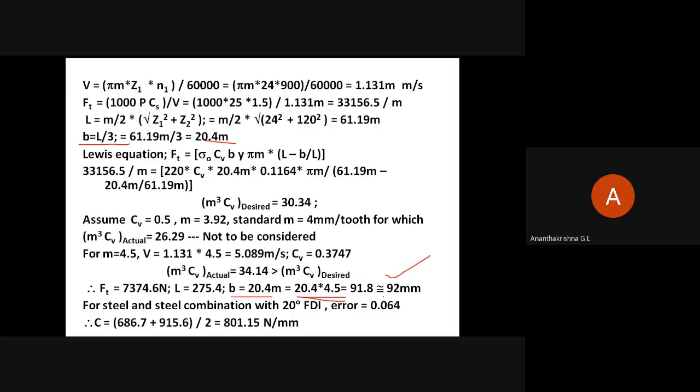That's all. Don't get into the Lewis equation, because that will give you a quadratic equation. Then solving it, all those things will happen, and the answer will be the same as what we get using B equal to L by 3. So while calculating B, use the L by 3 equation only in case of bevel gear design. Understood? Yes, sir.